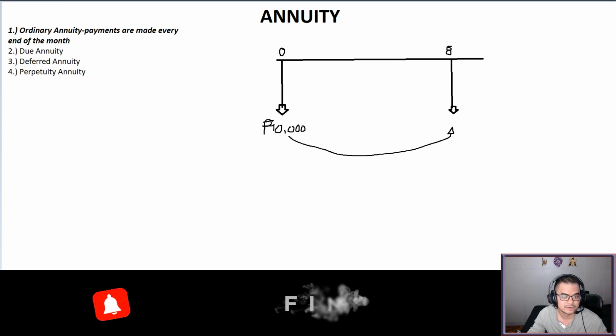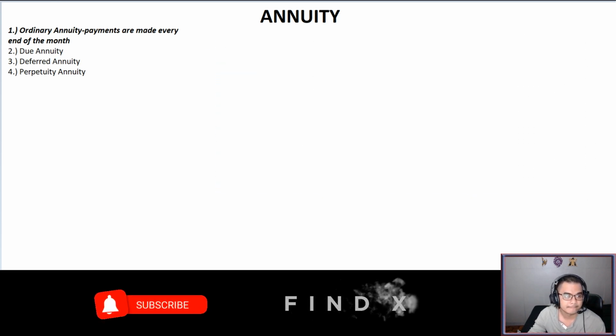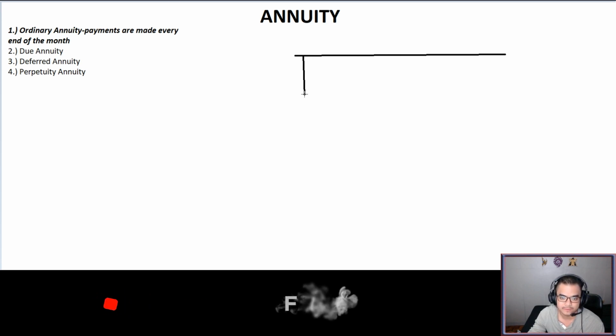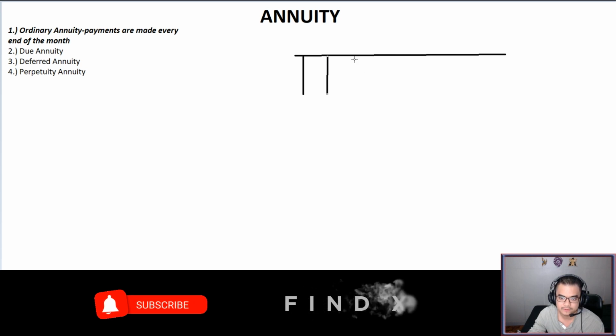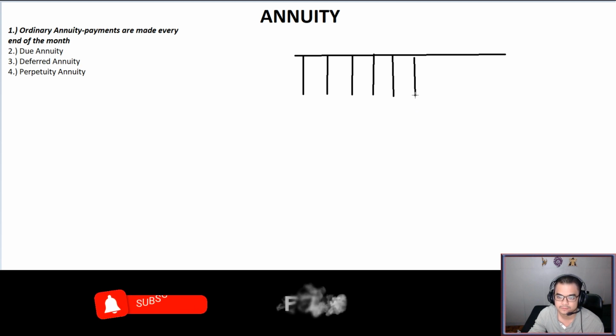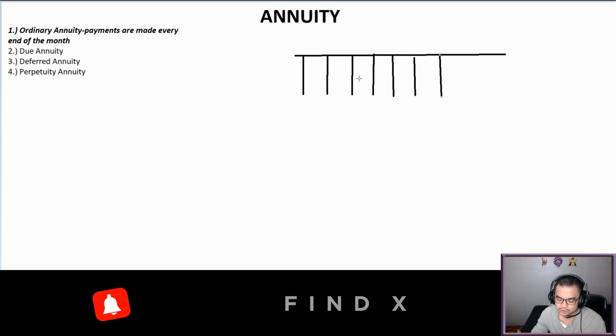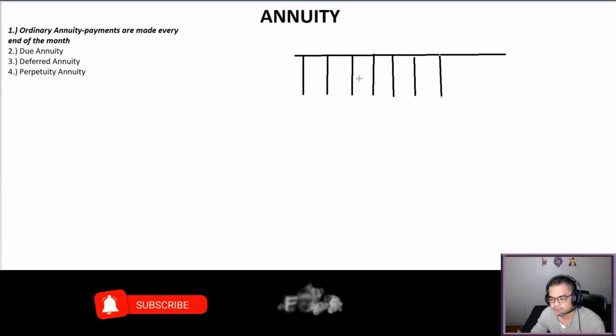Let me erase this and make a new cash flow diagram. For compound interest, you are paying only one time, and then you can reflect it to whatever year you want.